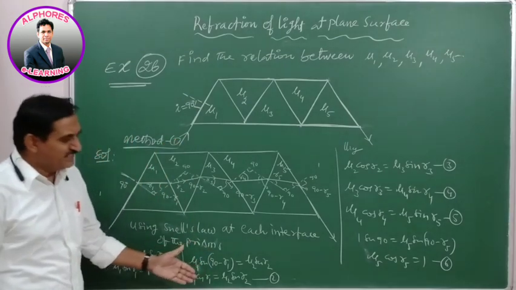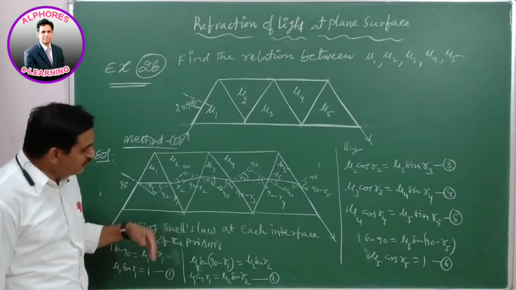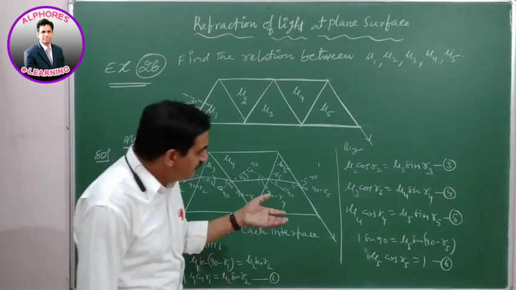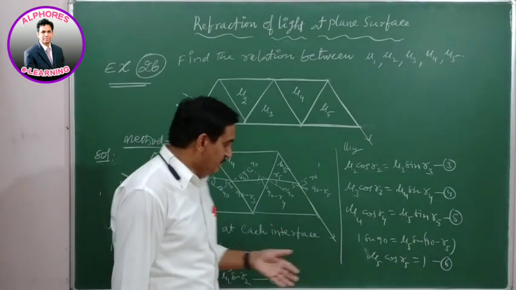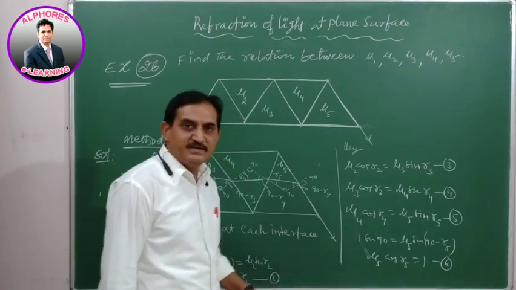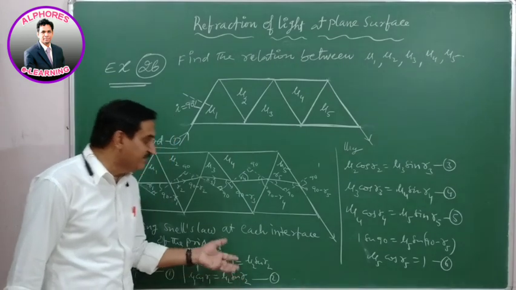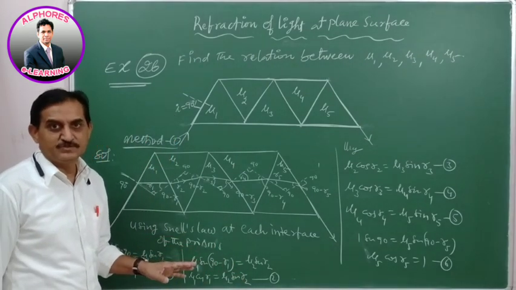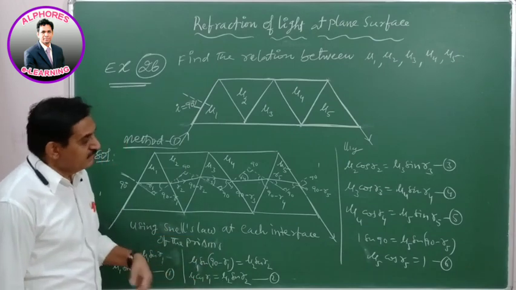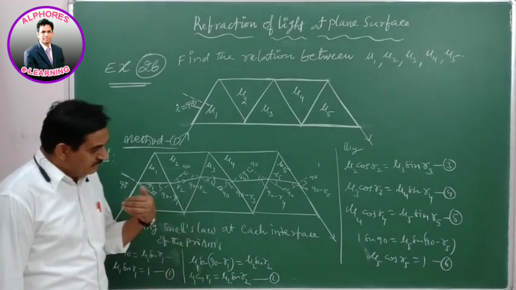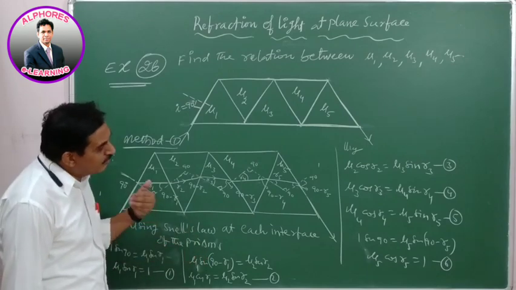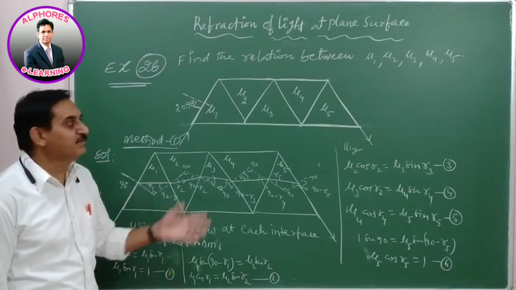I have shown how we use Snell's law, at which interface, and what kind of relations we extract from it. All give a number of equations, and by squaring and adding them you will get a relation. Some more calculation remains in it. No need to do all these things. I am going for method 2.